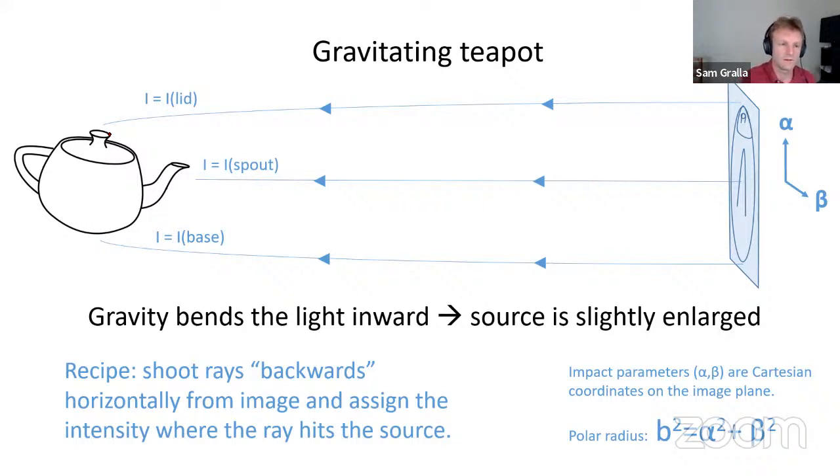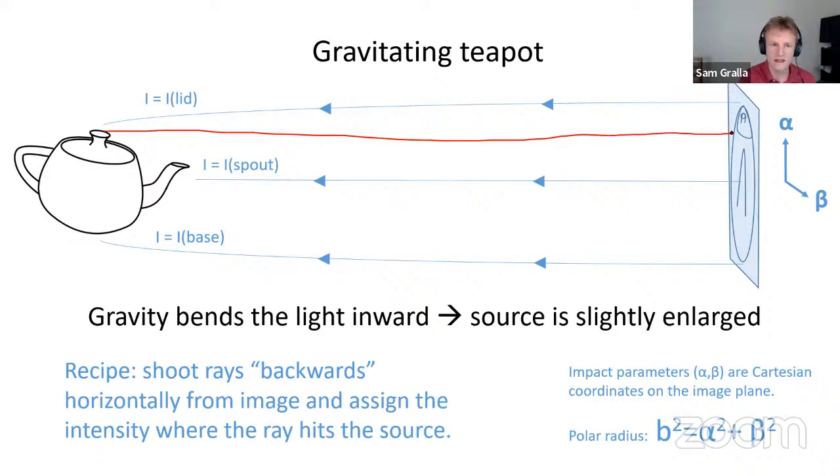Because, for example, if we didn't have gravity, we'd have a line like this. So without gravity, the lid would be here. So you can see because of gravity, the teapot gets bigger.